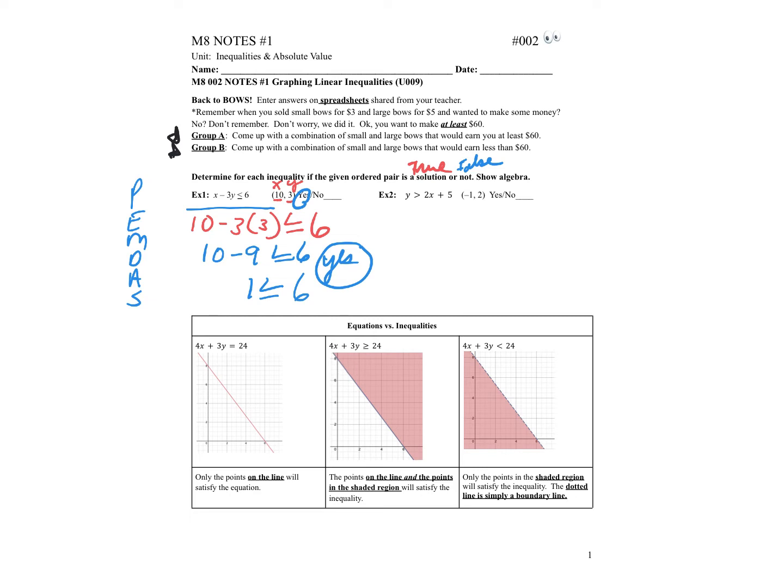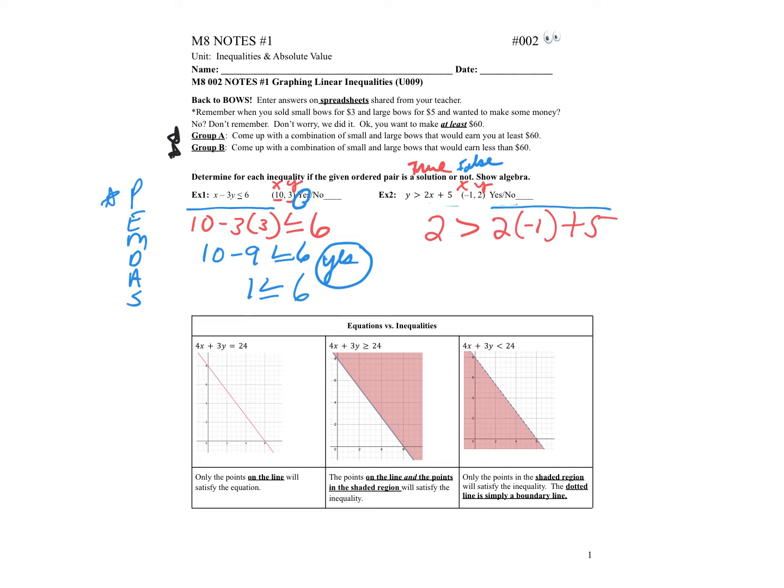For example 2, we're going to do the same thing. We're going to plug in -1 for x and 2 for y. So it'll be 2 is greater than 2 times -1 plus 5. And then again, you're using PEMDAS to solve this side of the inequality.